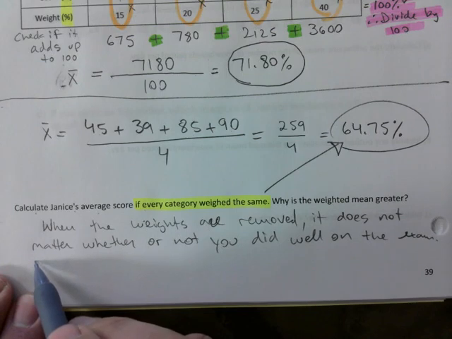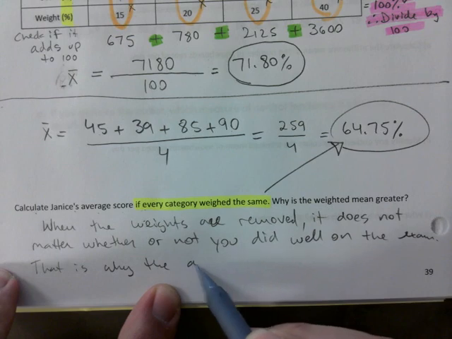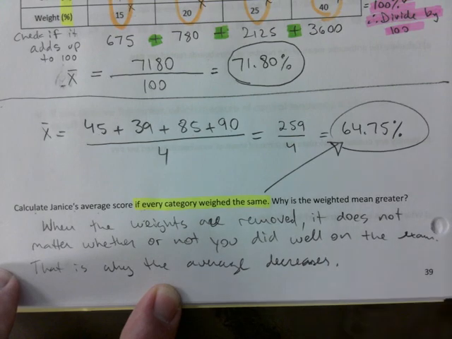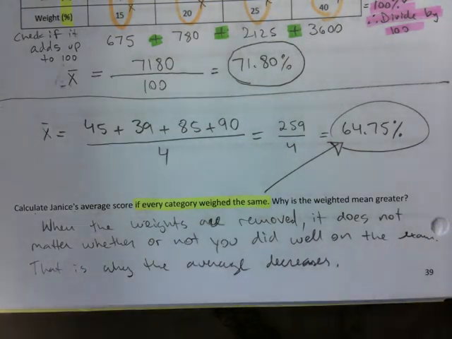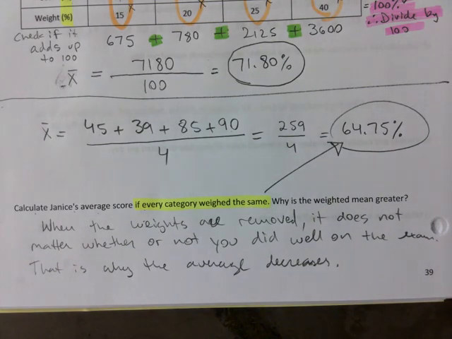That is why the average decreases. And I'll have different explanations as you work through this. Okay. So remember, weighted mean, think you have to get MAD to get that one right. Multiply, add, divide. Okay. All right, let's go to the next page here, 40.